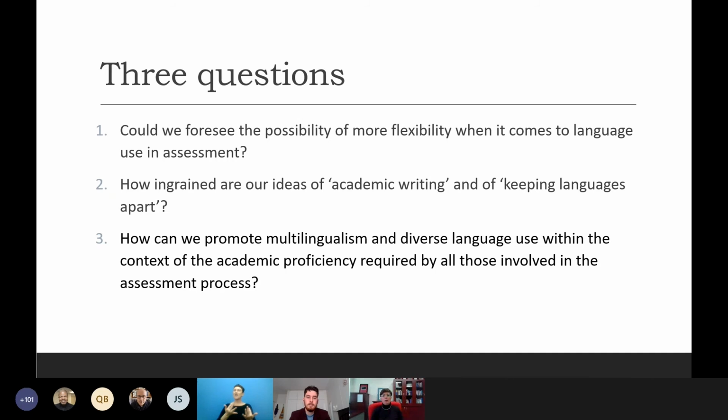However, I do want to talk about the ideas of receptive and productive multilingualism, because I might not be able to write something academically in German, but I'm fairly sure I will be able to understand something written in German. Just an example.